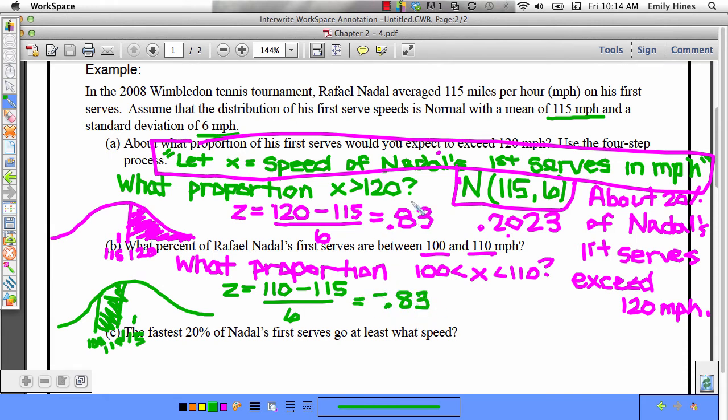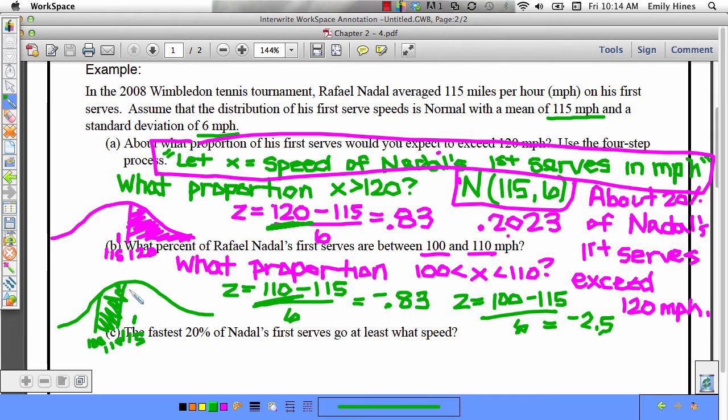Side note: this one I was 5 units above and this one I'm 5 units below. Notice how they are the same, but one's negative, one's positive. That's because the normal distribution is symmetric. So when I do the other one, 100 minus 115 over 6, I get a z-score of negative 2.5.